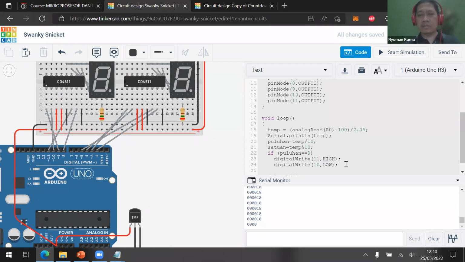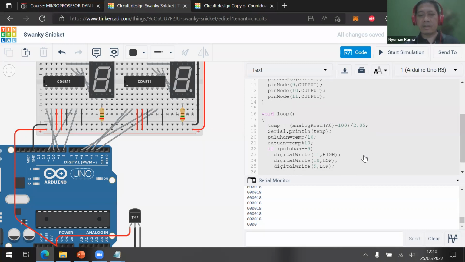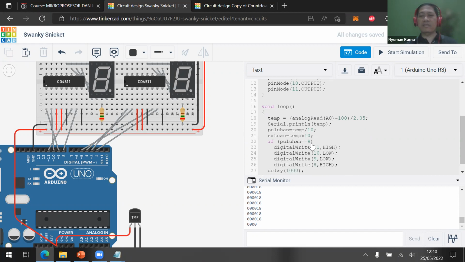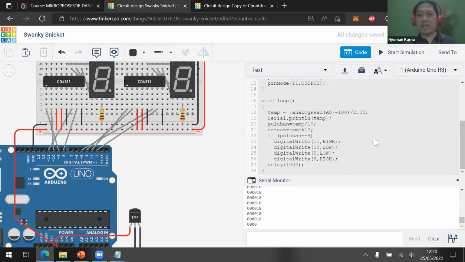Okay, this is going to be an ugly code. Then pin number 9 is low. Then pin number 8 is high. Okay, this is if the puluhan is 9.